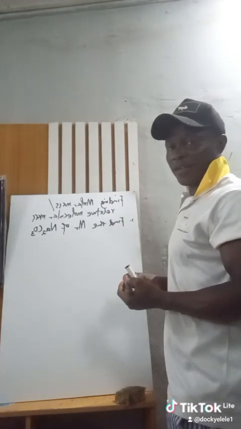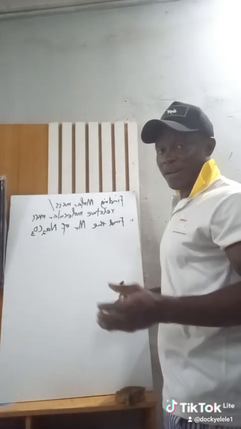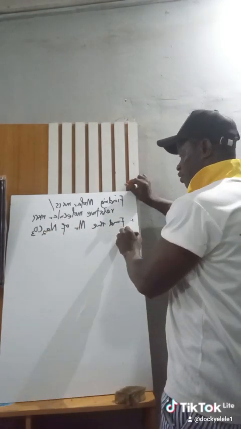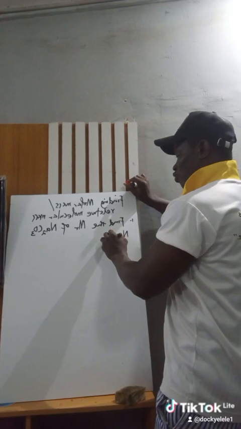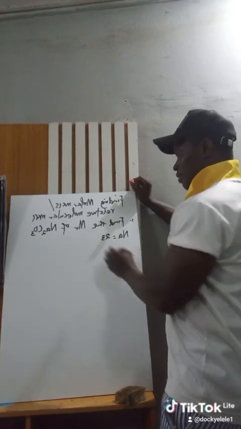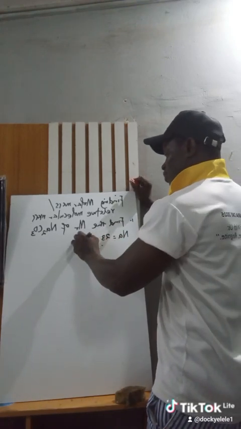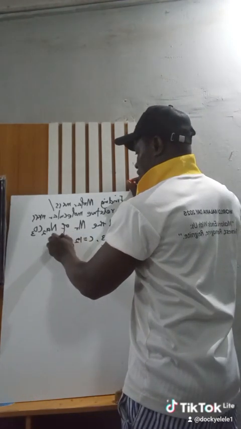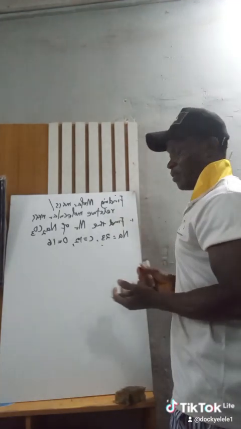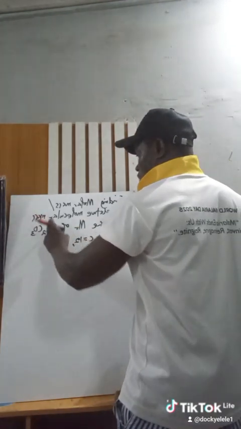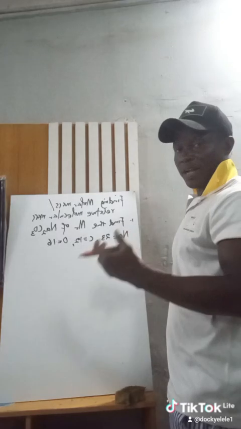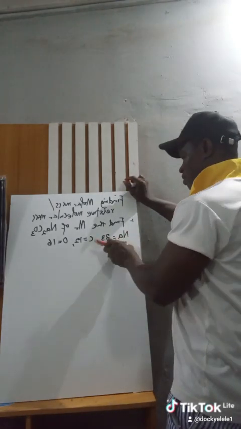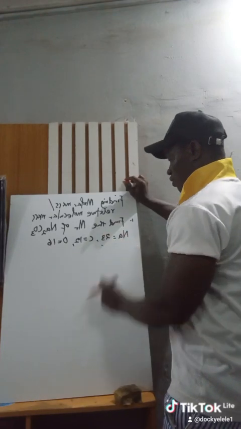Sodium will be given as 23, carbon will be given as 12, and oxygen will be given as 16. Very simple. All you need to do is sum up all these relative atomic masses.